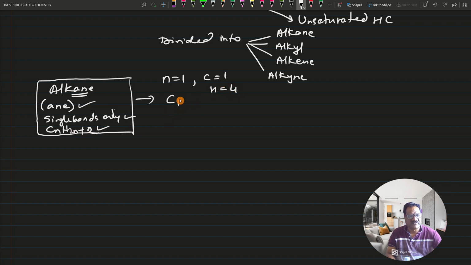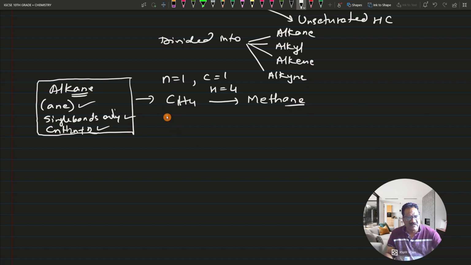You can write this as CH4. This is the first member. When n is equal to 1, this is the compound that you get, CH4, and its name is methane, ending with ane.